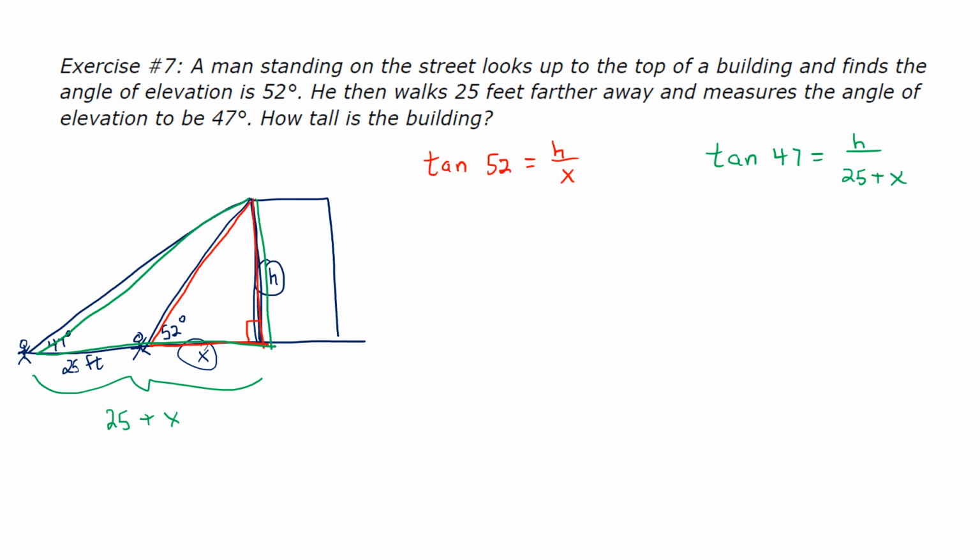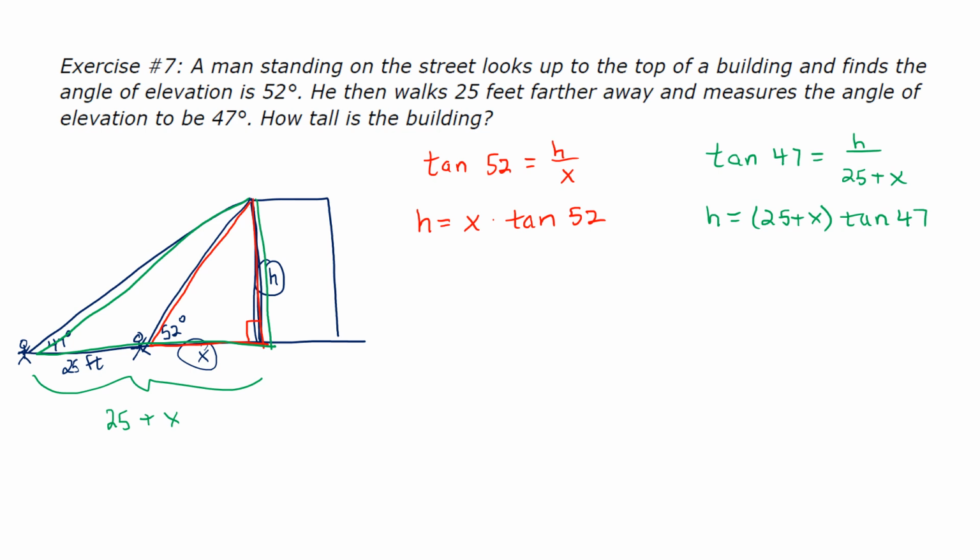Now, both of them have an h. So let's rearrange both of these in terms of h. The first one, h would equal x times the tan of 52 degrees. And the next one, h would equal 25 plus x times the tan of 47 degrees.